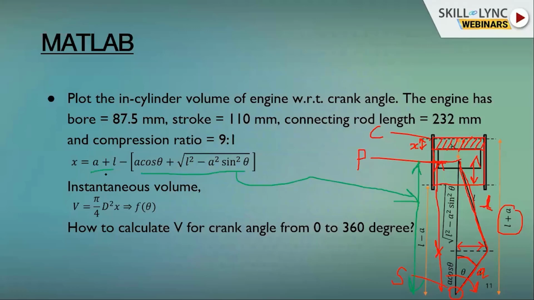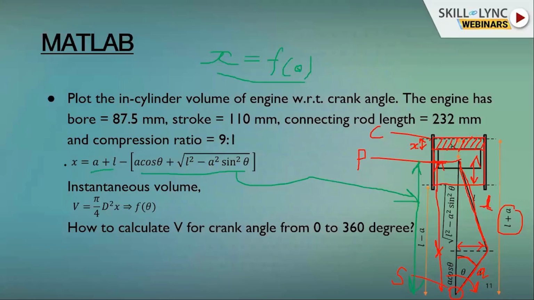So now I have generated x as a function of theta. This becomes a beautiful equation: if I know the angle, I can calculate the instantaneous volume inside the combustion chamber. Let's see how we can solve this using MATLAB.